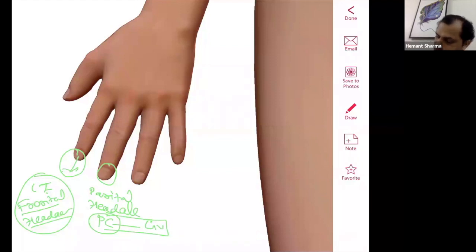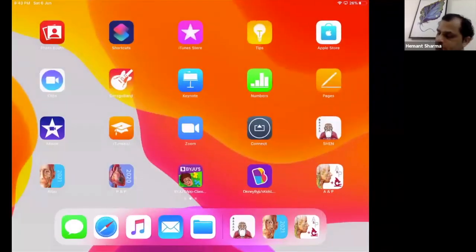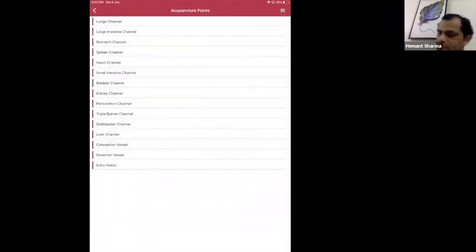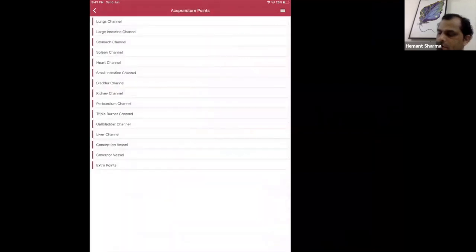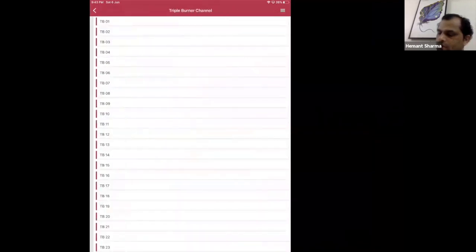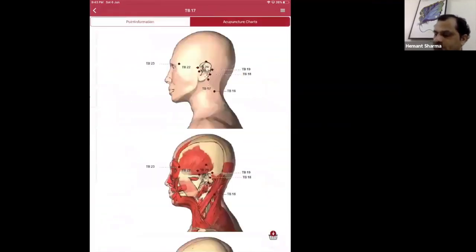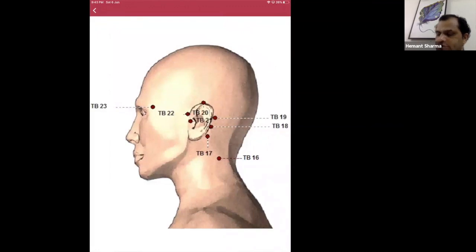Then we come to the ring finger. In the ring finger, we have the triple burner meridian. If we see the route of the triple burner meridian, it goes around the ear. So look at this image. If you look at the triple burner meridian, you can see it is covering the ear area, around the ear.